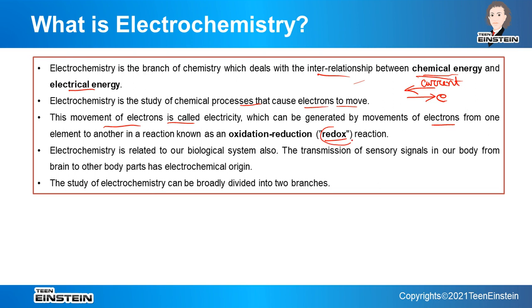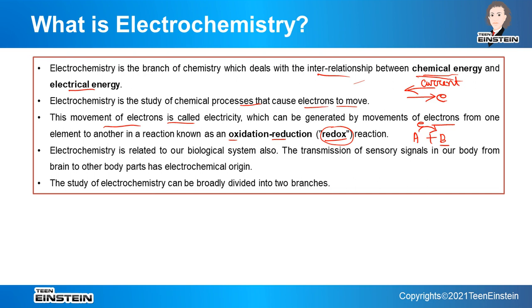Now redox is basically the combination of reduction and oxidation reaction. Suppose there are two components, A and B. A is supplying electrons towards B, and B is accepting electrons. The donation of electron is the reducing capacity, and as B is accepting electron, it is the oxidizing capacity.